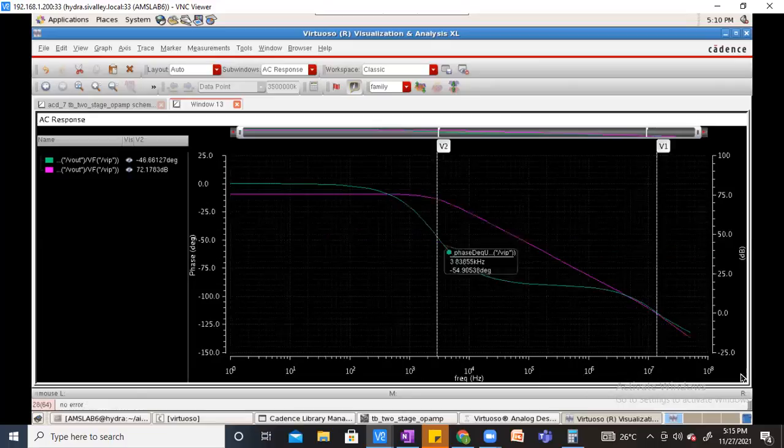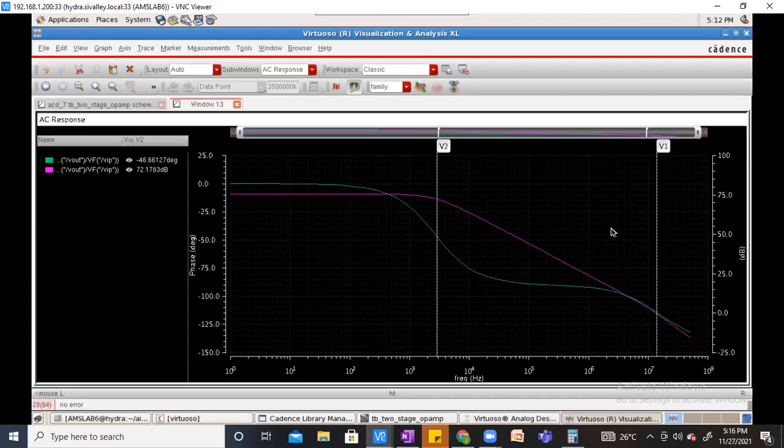Similarly, gain margin will be taken when this particular phase becomes 180 degrees. It is 131 here still, since I have just simulated up to 100 megahertz. If you simulate for around 1 gigahertz or so, you will get the full 180 degrees as well, and with that you can calculate gain margin.